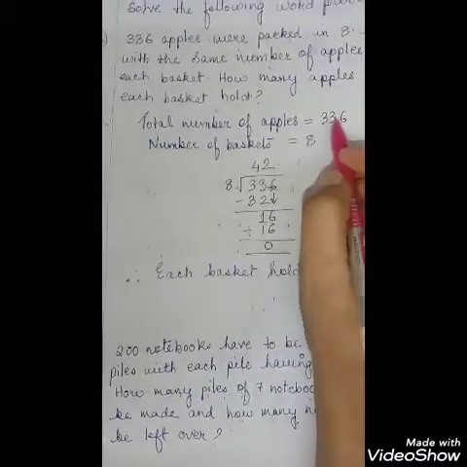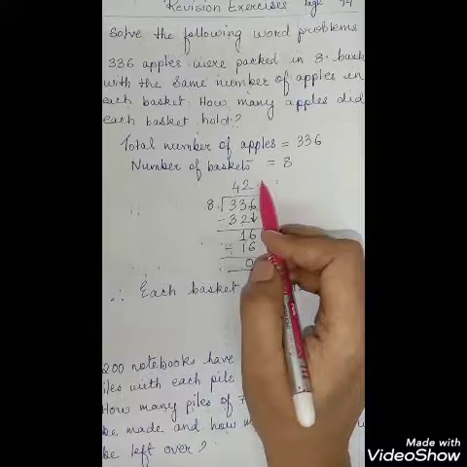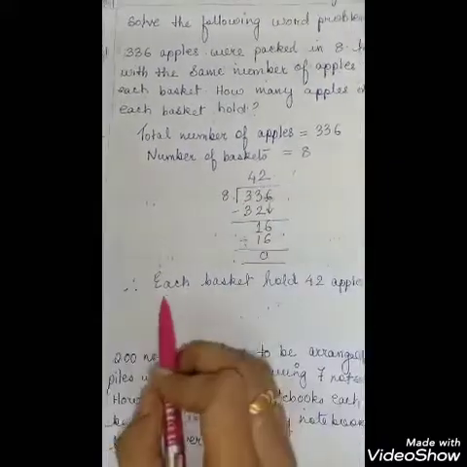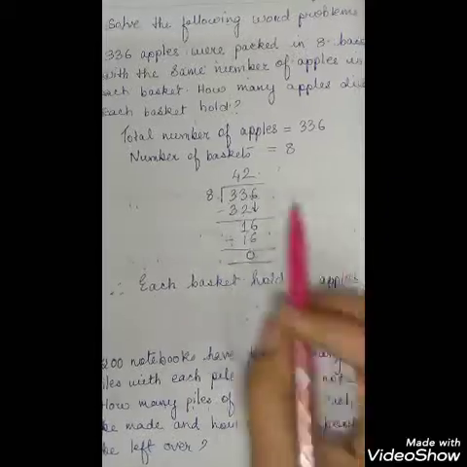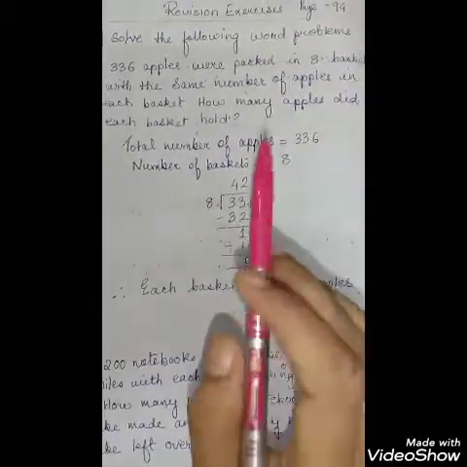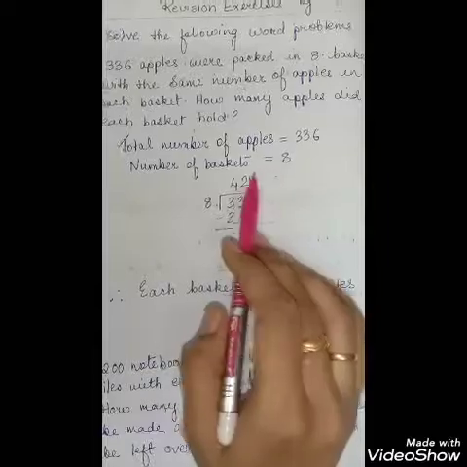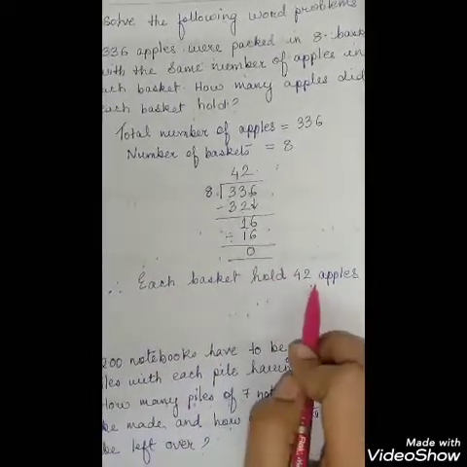When 336 is divided by 8, we get quotient how much? 42. That means each basket holds 42 apples. So how many baskets are there? 8. Yes. So in all these 8 baskets, each basket can hold 42 apples.